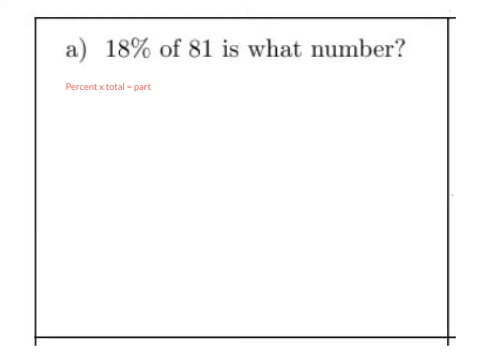But when we're looking at 18% of 81 is what number? This actually is the favorite setup that I would use with the equation. Because what we're really looking at here is that percent, which is 18%, so using that relationship, 18 over 100, "of" is going to mean times 81 is going to be equal, and "what number" is really just going to be like our x.